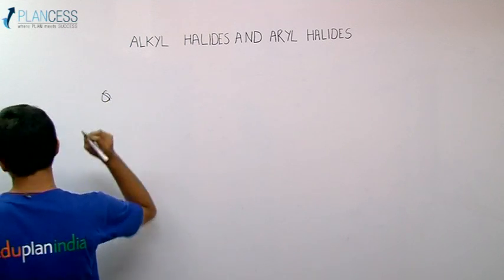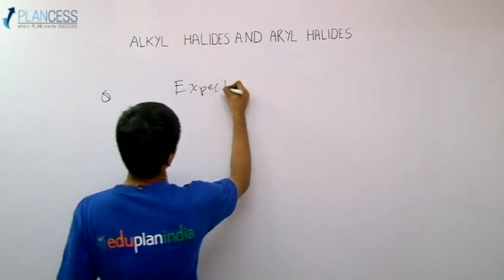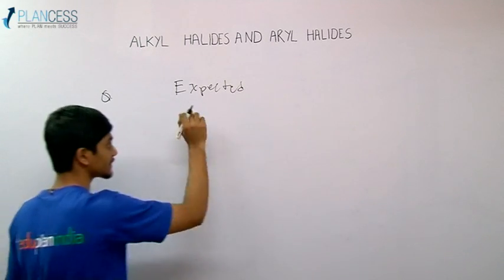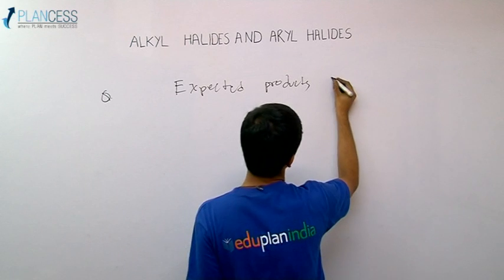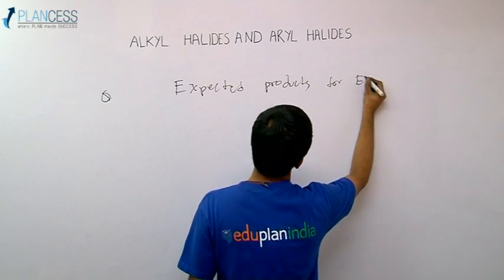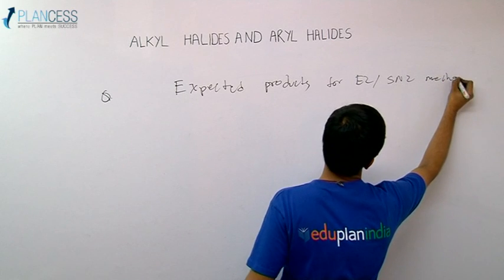So the question is expected products. See, it is expected products. Expected products for E2 and SN2 mechanism for the following reactant.